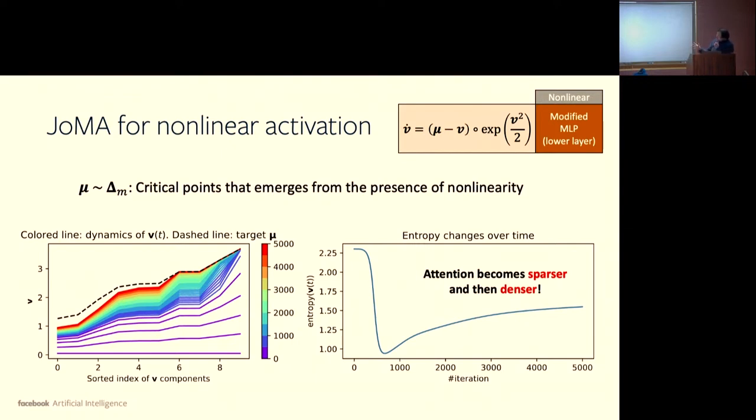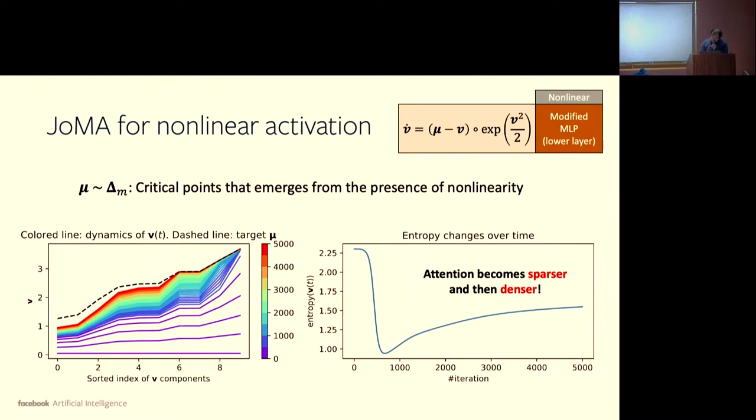It tells you that the attention will first become sparser, which is what the Scan and Snap paper predicts, but at the same time it will become denser in the later iterations. So the picture is different between nonlinear and linear activation. In the linear activation, the attention only becomes sparser and sparser until it saturates. But in the nonlinear situation, it will become denser later.